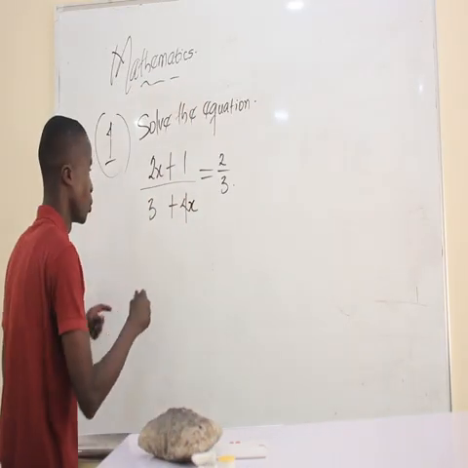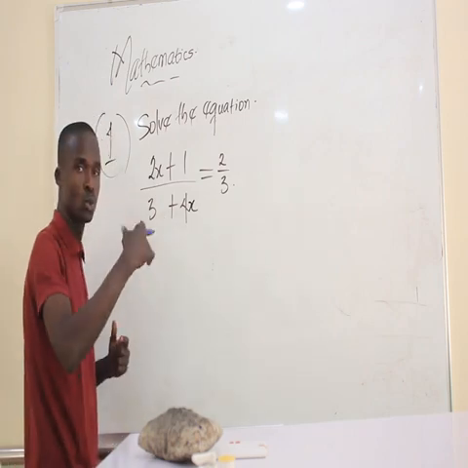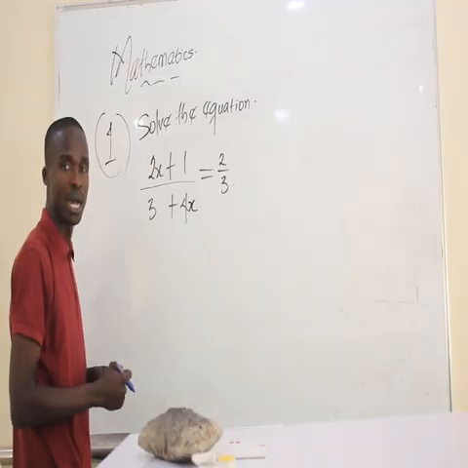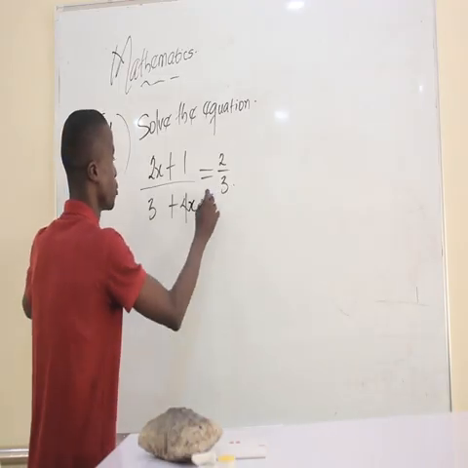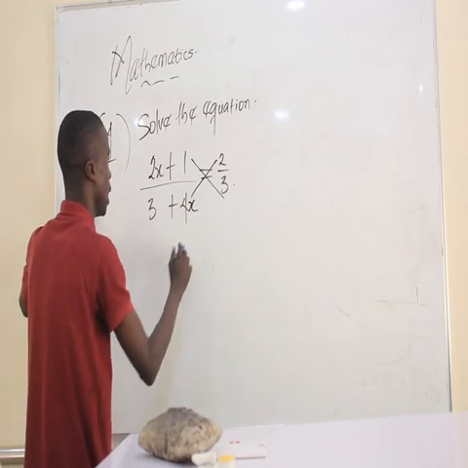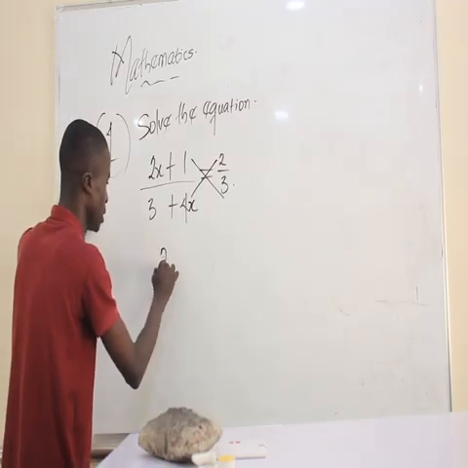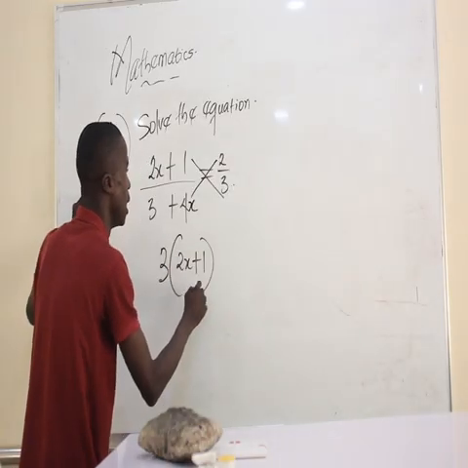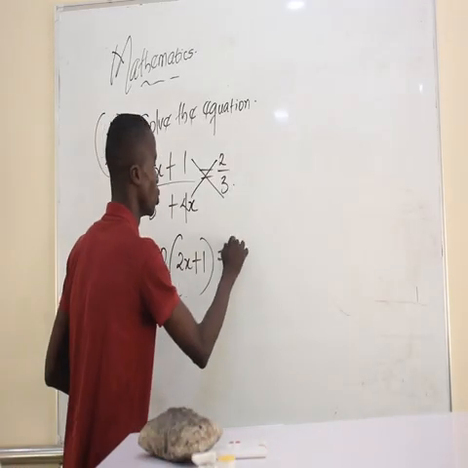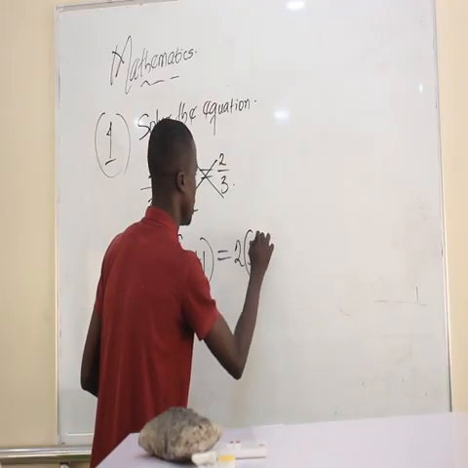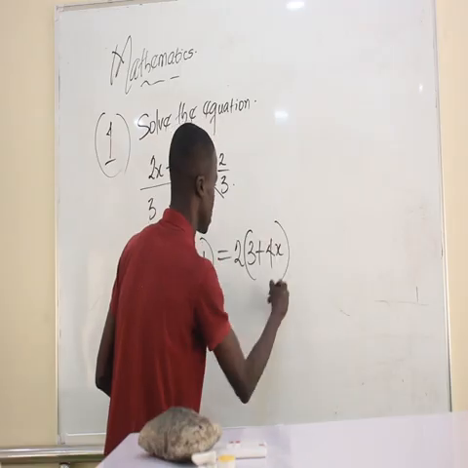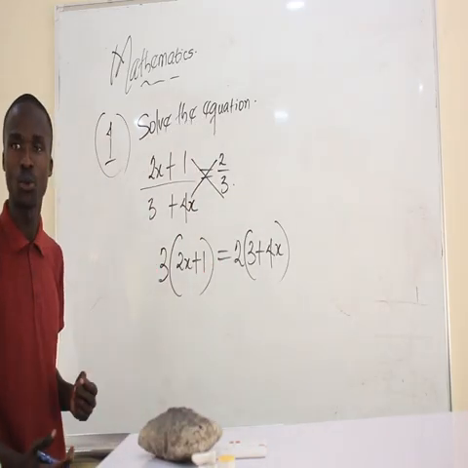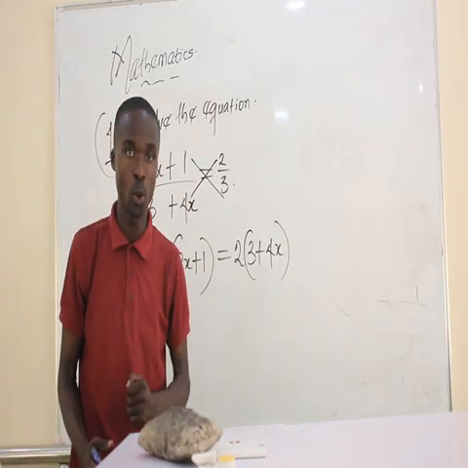Cross multiplying would lead you to have two different parts of an equation. If I'm to cross multiply, I will have it like this: 3 multiplies (2x + 1) and equals 2 multiplies (3 + 4x). So what are you supposed to do here?